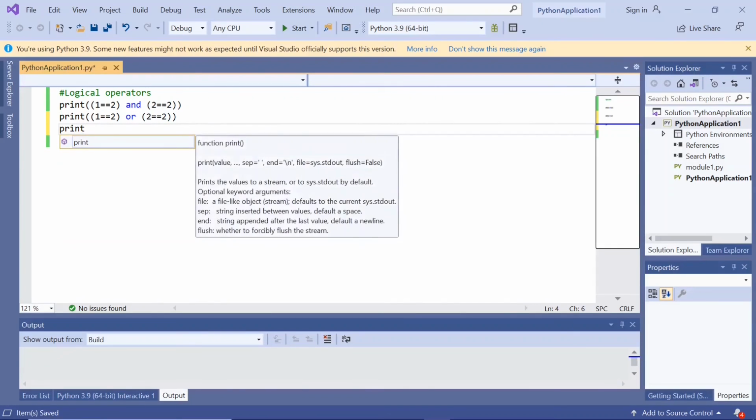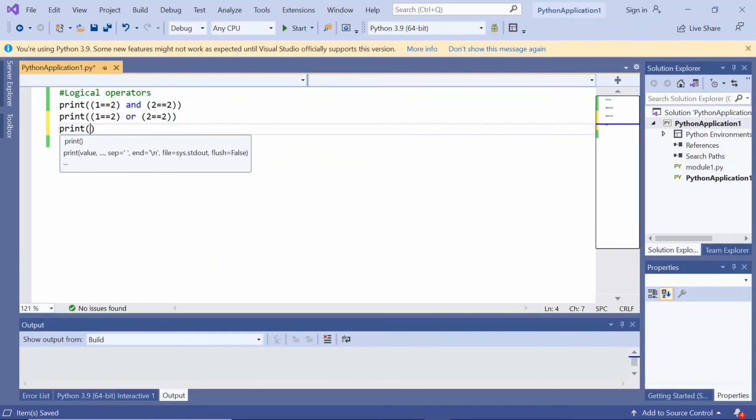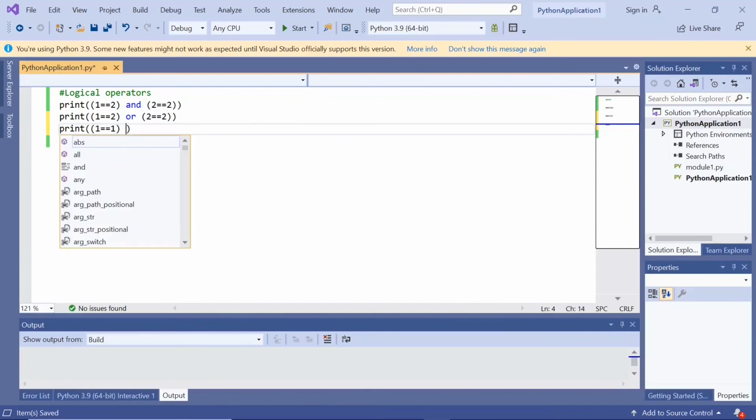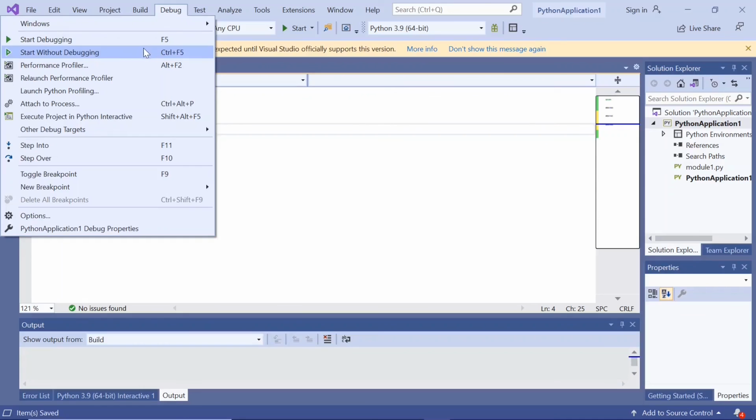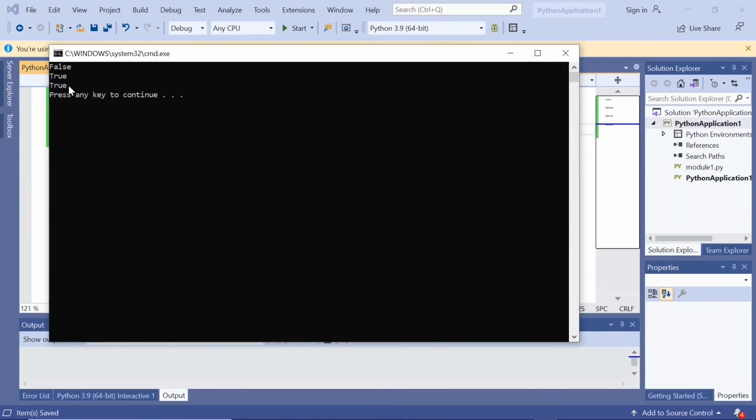If both the conditions are true, like 1 equal to 1 and 2 equal to 2, then with the AND operator also you will get true.